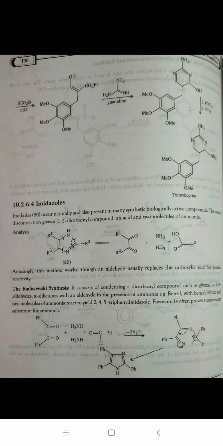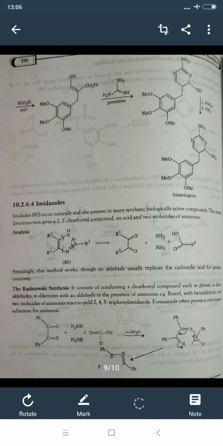So 2 molecules of ammonia and a 1,2-dicarbonyl compound react with the aldehyde, and the heterocyclic compound, after condensation and rearrangement, gives imidazole 81, which is used in the synthesis of pentostatin, a compound which enhances the effect of anticancer drugs.